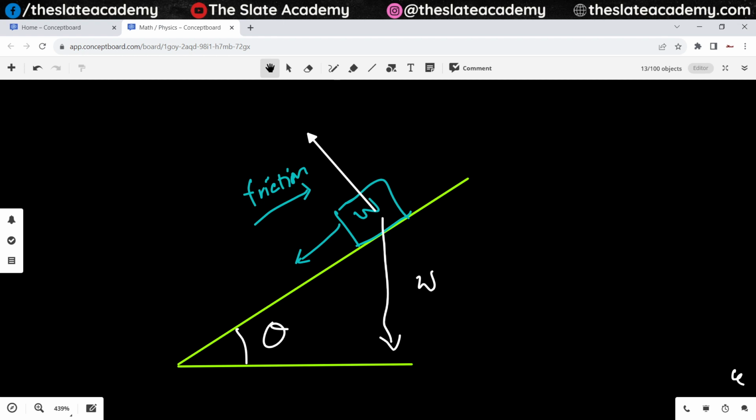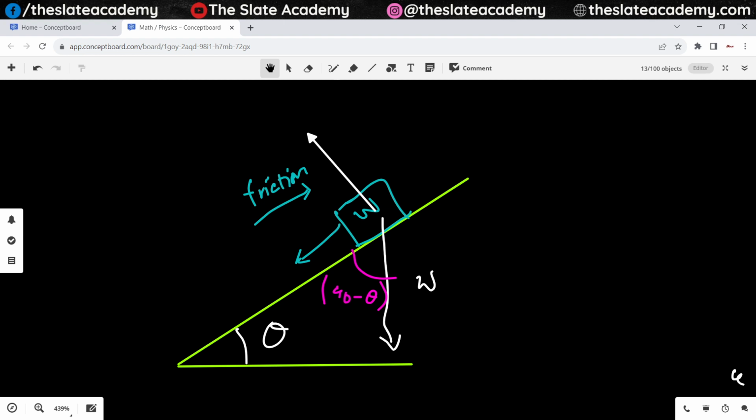Sir, now I know this seems to be a right angle triangle. So this angle which is being made between the weight and the inclined plane would be 90 minus theta. Do you agree, sir? Yes.